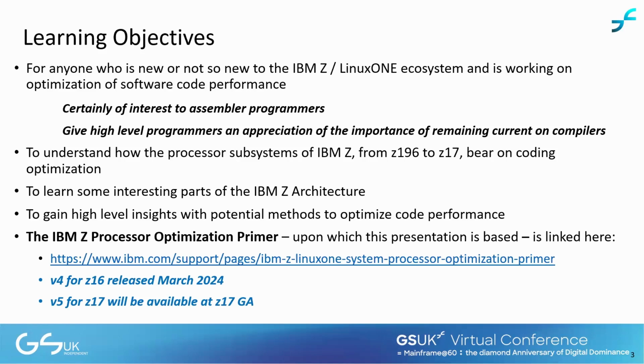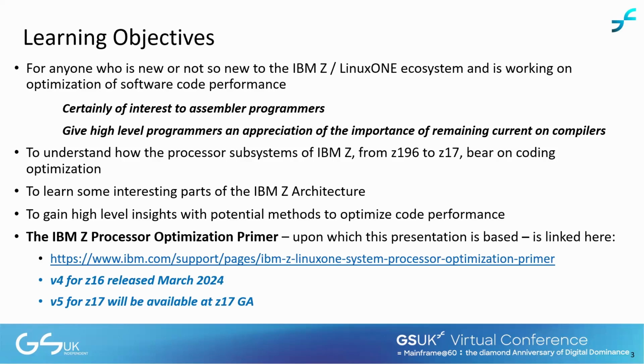While it was written at the behest of the Linux community, there's nothing particularly Linux specific in it. So anybody working on IBM Z, particularly anybody writing assembly, this document is for you.